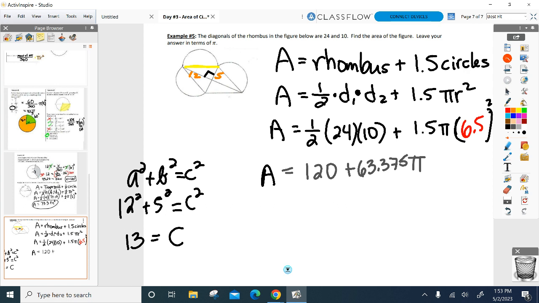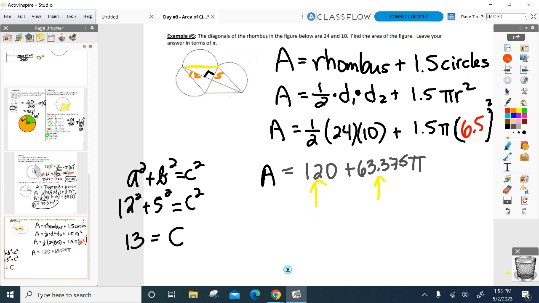Here's why I didn't want you to type it all in your calculator. Can you combine those two and just slap a pi on it? Can I do 120 plus 63.375 and then slap the pi on there? No, you can't. Why not? Is this number really 63.375? No, it's 63.375 times pi, whatever that is.